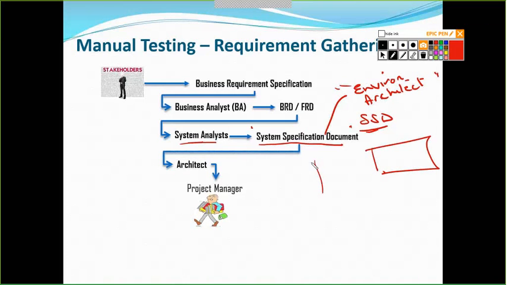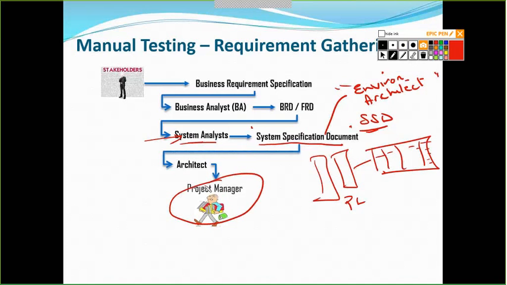How you are going to design the environment. You as a customer are going to see only the presentation layer. But how the communication is going to happen between the servers, where the data is going to be, all the information will come here in the system specification document. From the system specification document, all these documents are going to be given to the project manager.